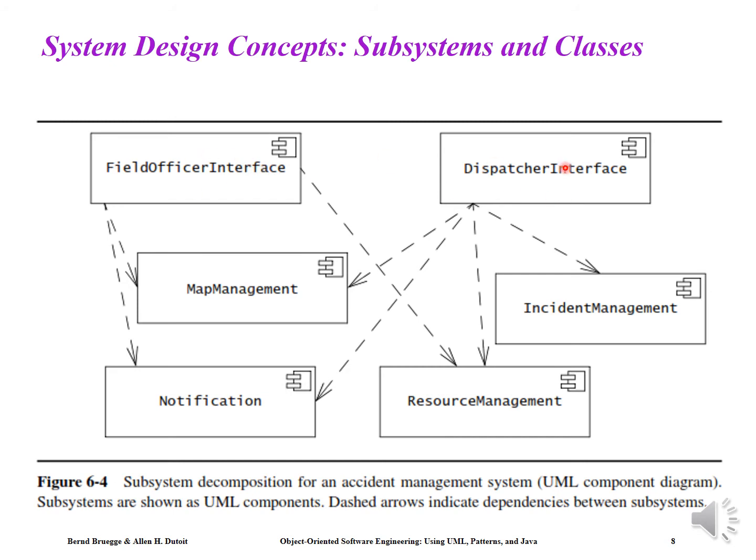These two are subsystems. Incident management subsystem that creates, manages and stores incidents. Resource management subsystem, map management subsystem, and notification subsystem. So these can all be subsystems in the accident management system.